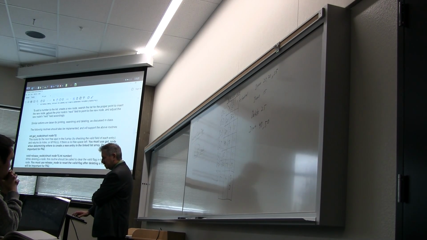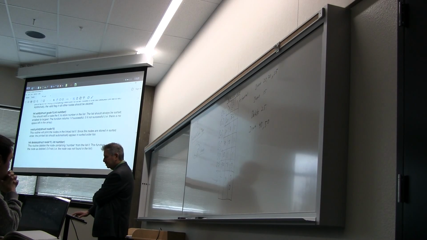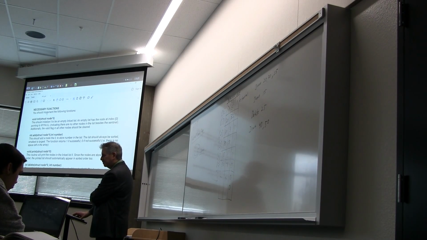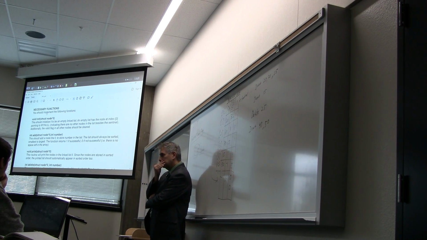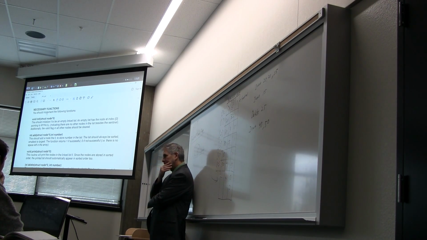All right, so questions about that? Questions about ODP4? Are we assuming that there's no zeros in this array, this list?